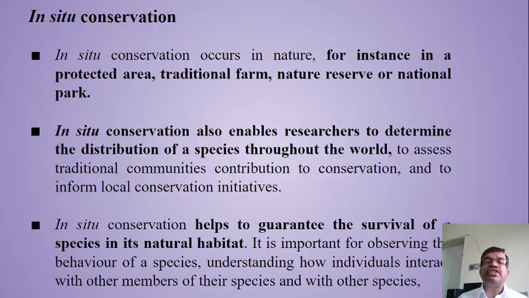In situ conservation is nothing but conserving them in their natural habitat. It enables researchers to determine the distribution of a species throughout the world, to assess traditional communities' contribution to conservation, and to inform local conservation initiatives. In situ conservation helps to guarantee the survival of a species in its natural habitat.